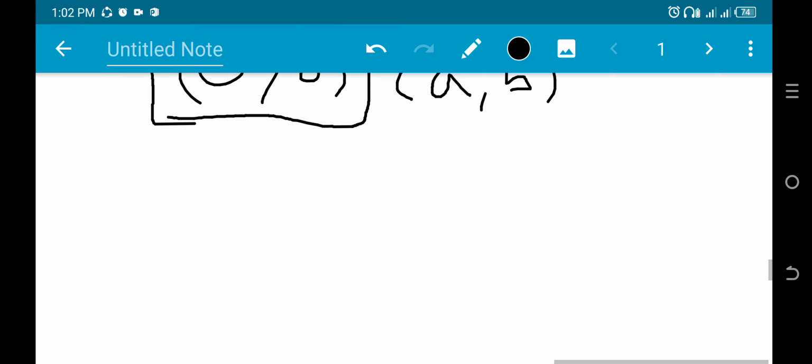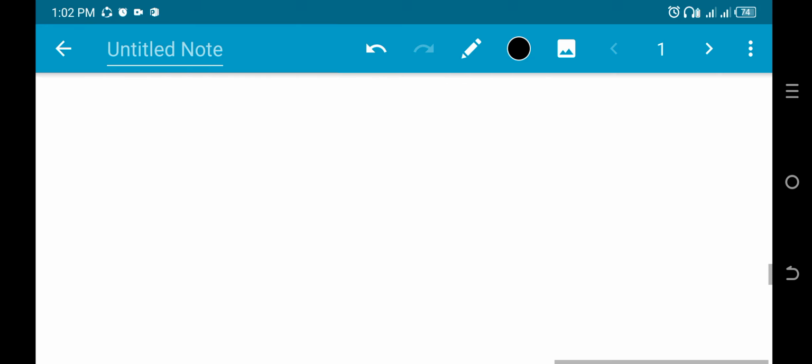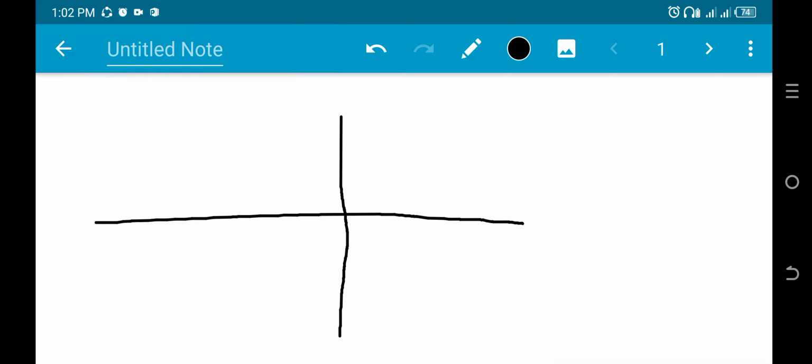So now let's go on and try to draw the parabola. First let's draw our axes. We have the y axis and the x axis. The x is here and the y is the one that goes up.